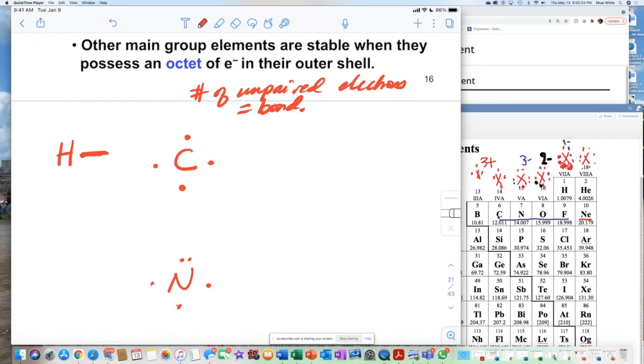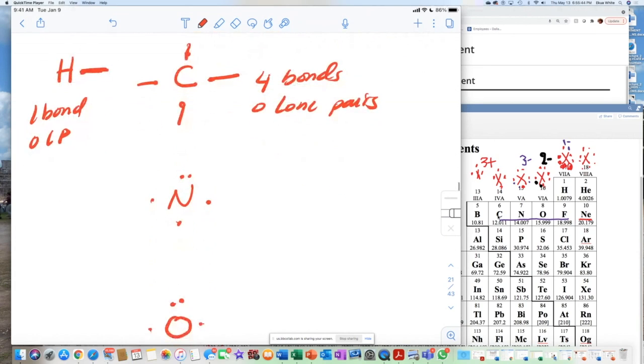Looking at this, hydrogen has one bond, no lone pair. Carbon will normally form 4 bonds, 0 lone pairs. LP here stands for lone pair, just in case you're wondering. Okay, what about nitrogen?